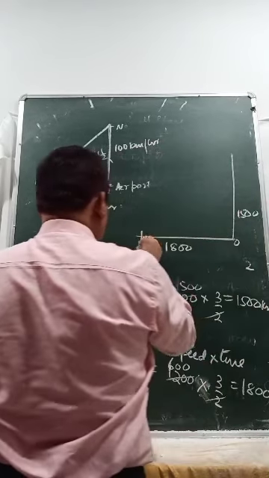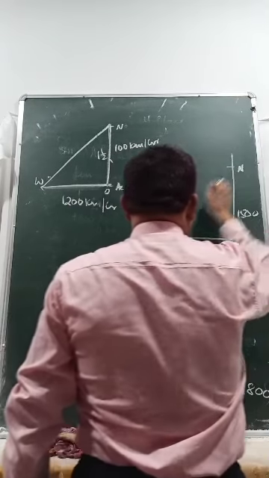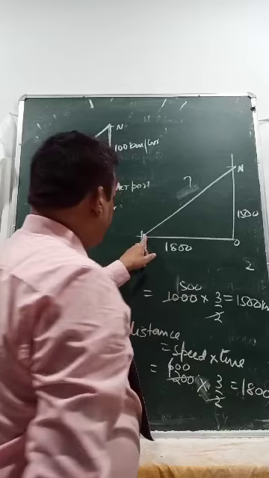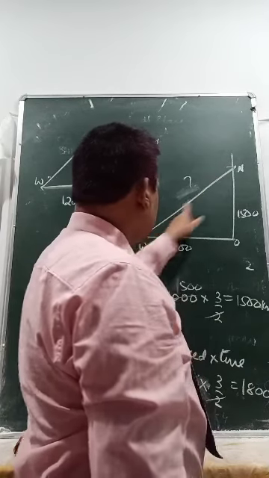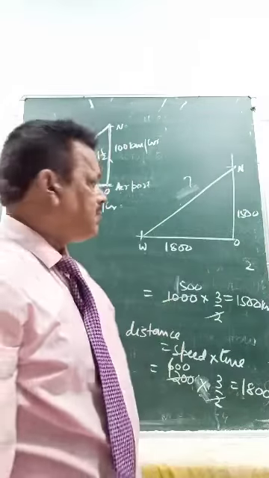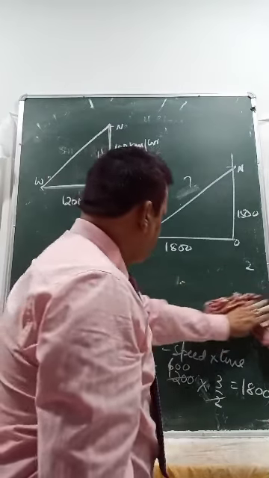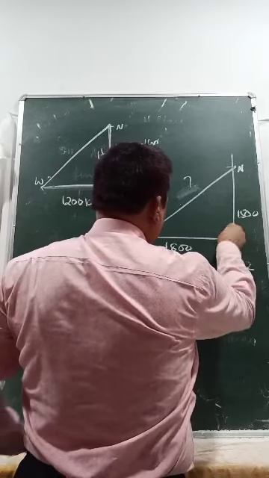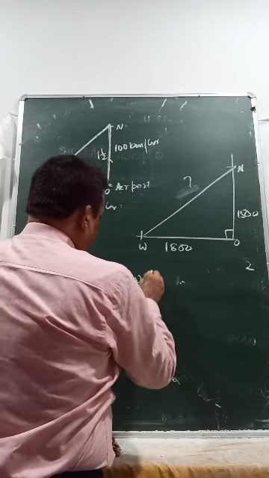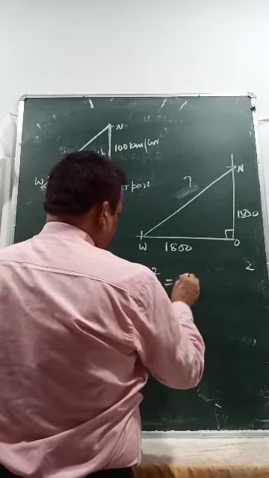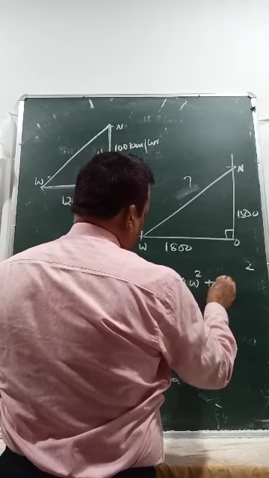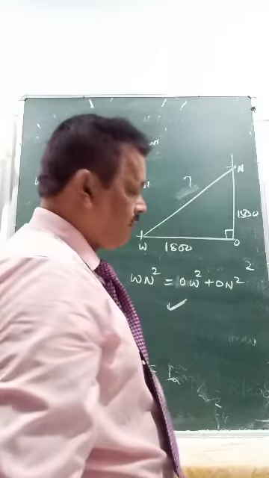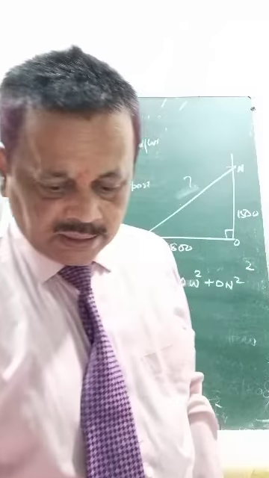This is O, this is W, this is N. You want to find WN. This is how far they are from each other after 1.5 hours. So what you have to do? Pythagoras theorem, because north and west is 90 degree. So WN square is OW square plus ON square. So put the value and find out. Okay. See the next one.